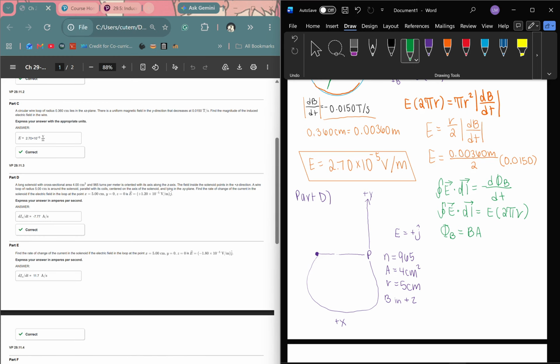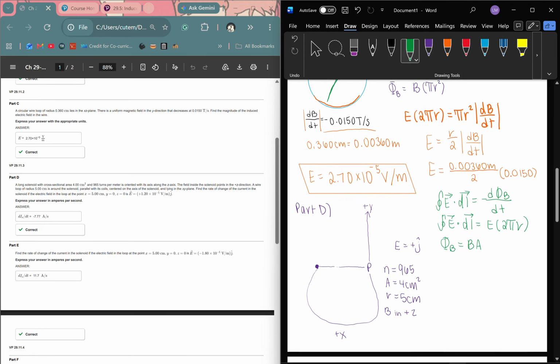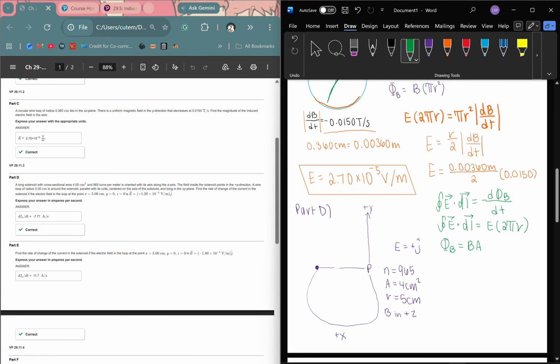We already know this from the last parts, so I'm not going to rewrite it since I already explained it before. We substitute and then differentiate with respect to time.